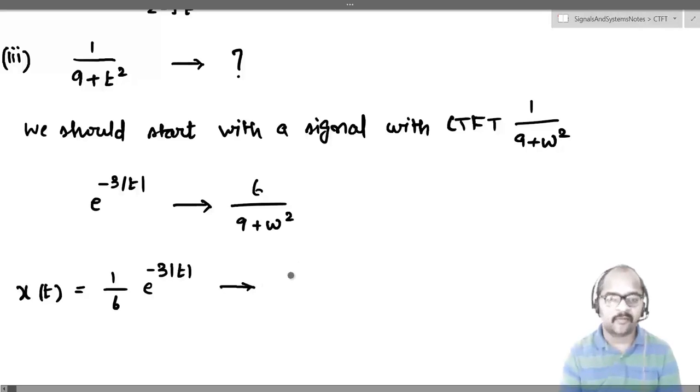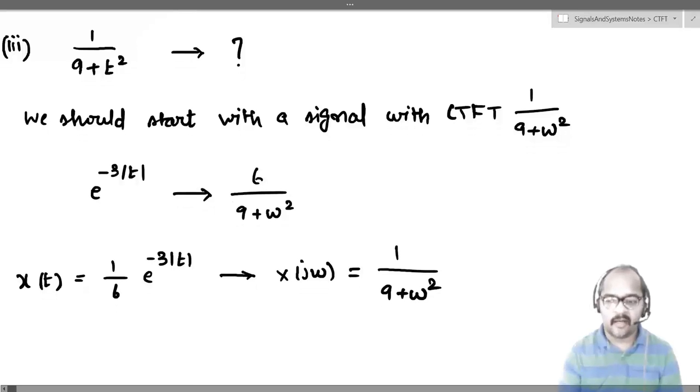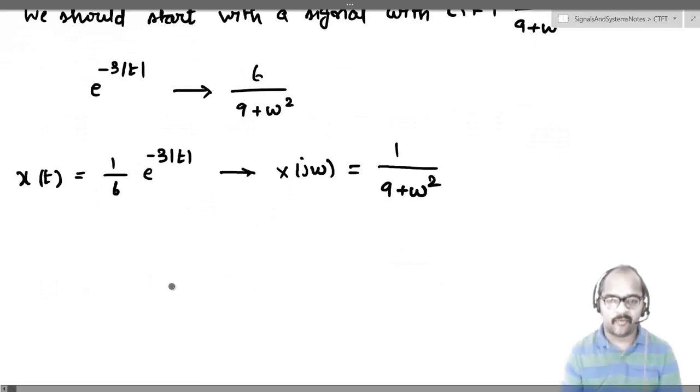So this fellow will have what as Fourier transform? Yes, because you are multiplying with 1 by 6, this fellow will have x of j omega, which is equal to 1 by 9 plus omega square as the Fourier transform. So we have to look for a signal which will have 1 by 9 plus omega square as the Fourier transform, and we know that signal to be 1 by 6 times e power minus 3 mod t.